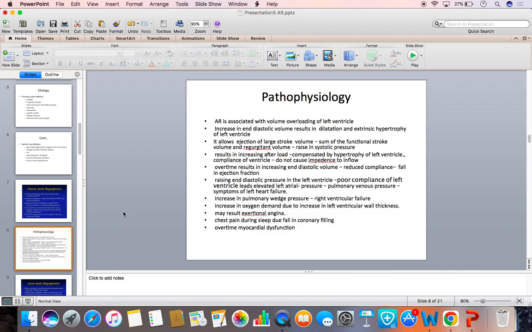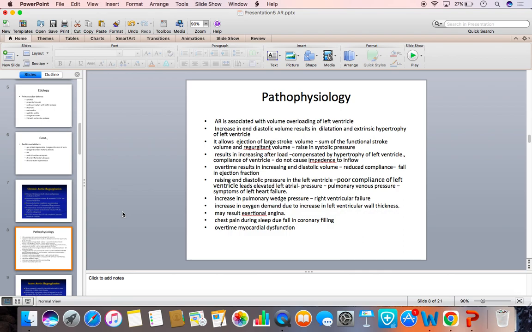Okay. So this is the point of onset of the symptomatology. After a long compensatory period, the left ventricle refuses to comply with the inflow of blood, either due to regurgitation or due to the flow of blood from the left atrium into the left ventricle.